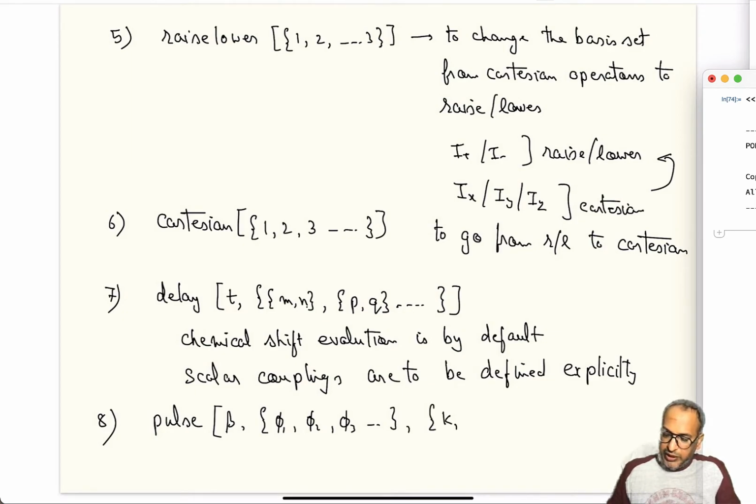So let's say if it's a 2 spin system and we are applying only on one spin, then you write 1, or if it is applied on both spins you can write 1, 2, and so on. If nothing is written over here, then the pulse is applied on all the spins which are available, right? So this is spins, these are the phases, and this is the flip angle.